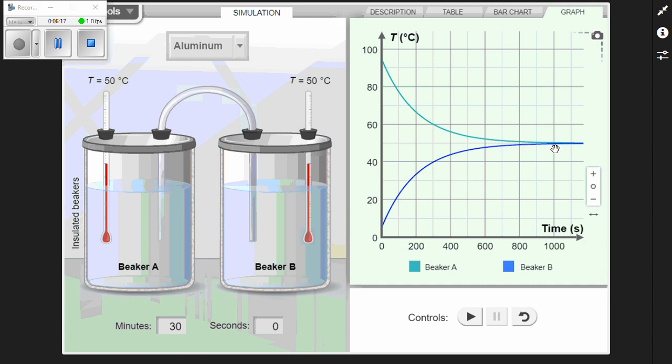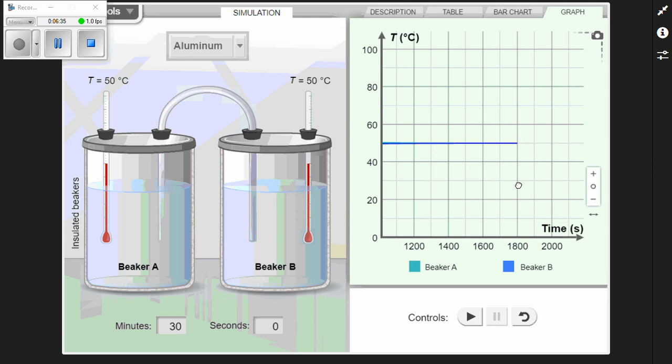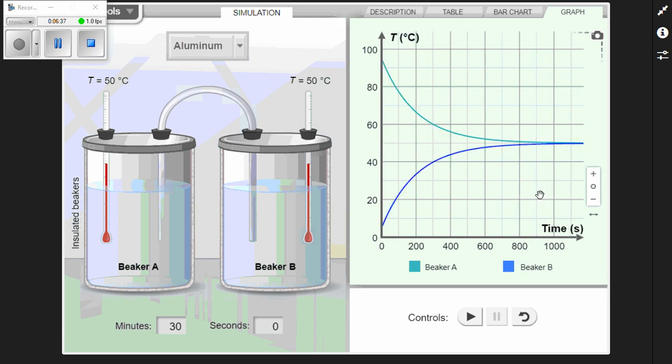If you take a look here, the temperature in beaker A was coming down, and the temperature in beaker B was coming down, and around, give or take 1,000 seconds, they both hit 50 degrees, and they stay at 50 degrees. That's it. Why is that happening? That's what we want to be able to understand as we go through here.